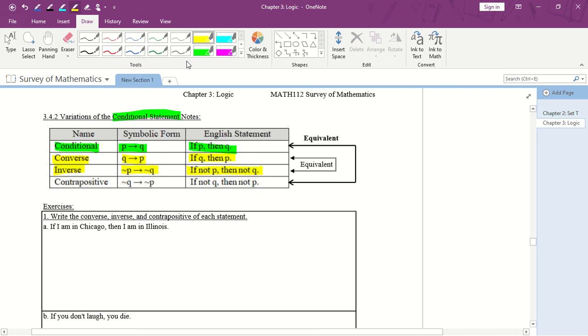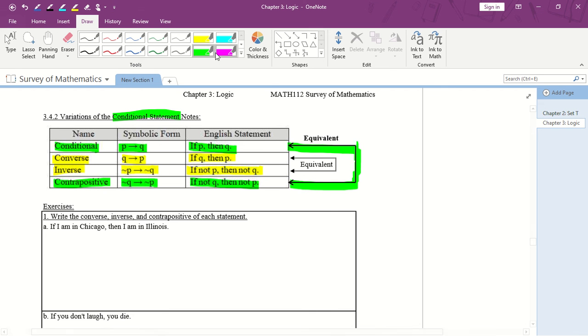And the last one here is called the contrapositive. What the contrapositive does is it changes the places of P and Q, and it puts negation at the same time. So it will become negation Q to negation P, and it becomes if not Q, then not P. So you can see P to Q, if P then Q. And one thing that is interesting is that the first one, the conditional, although it is not equivalent to the converse, is equivalent to the contrapositive.